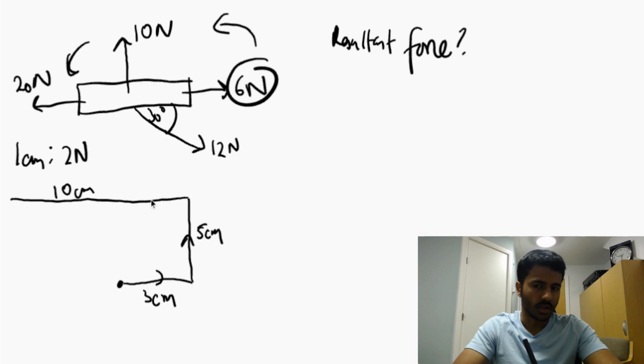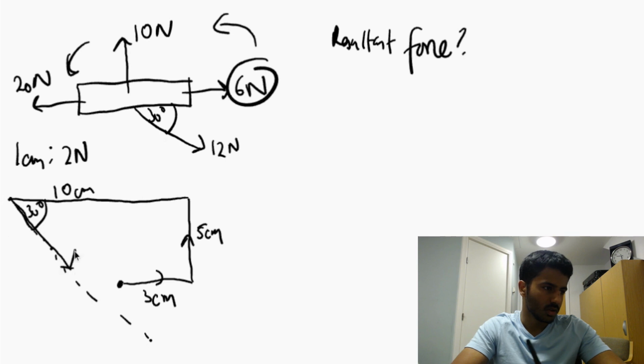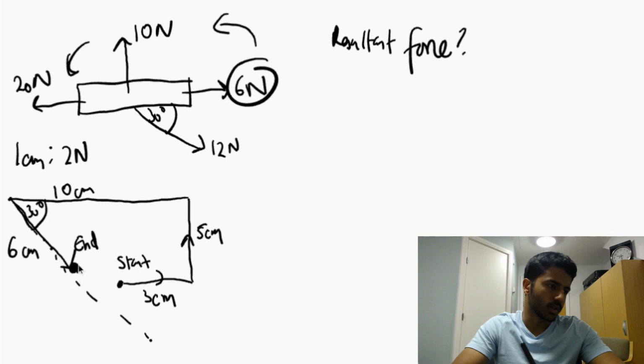And your last one is this 12 Newton force, in which case you have to get out your protractor, find the line at which it's 30 degrees, and draw a 6 centimeter line to represent the 12 Newton force. And then you have your 2 points, your start point here and end there. And you simply connect it up with a line.